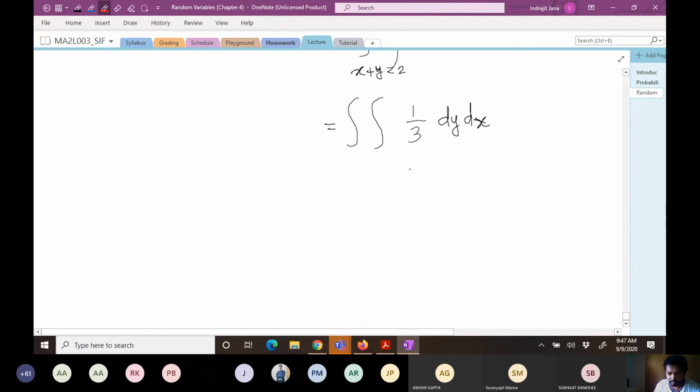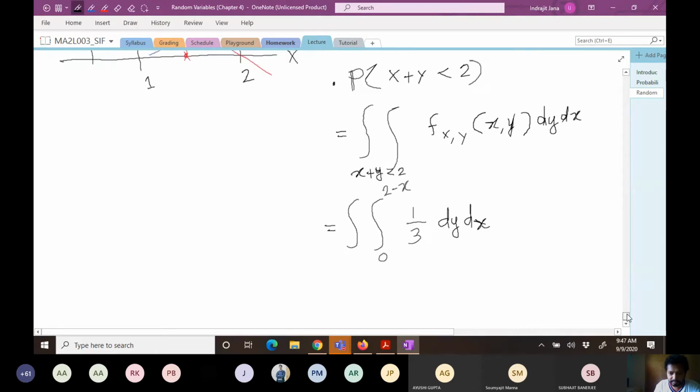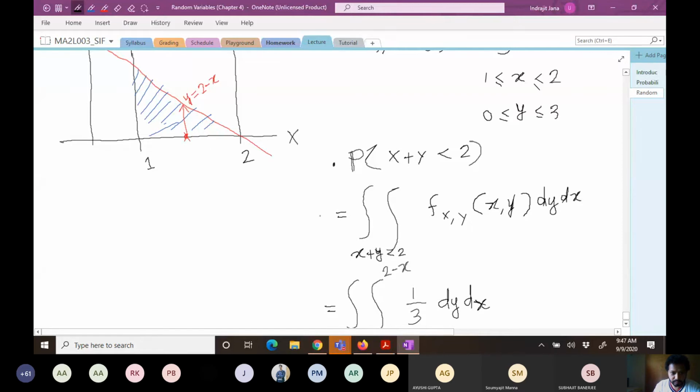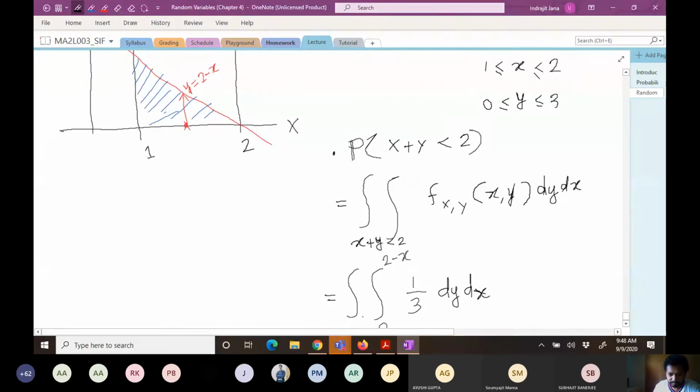So the limit of y is going to be 0 to 2 minus x, and the bounds of x are from 1 to 2.